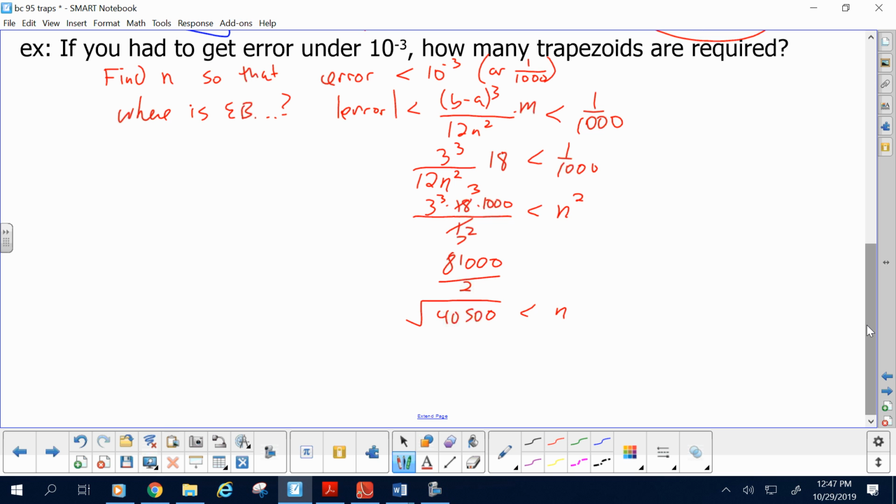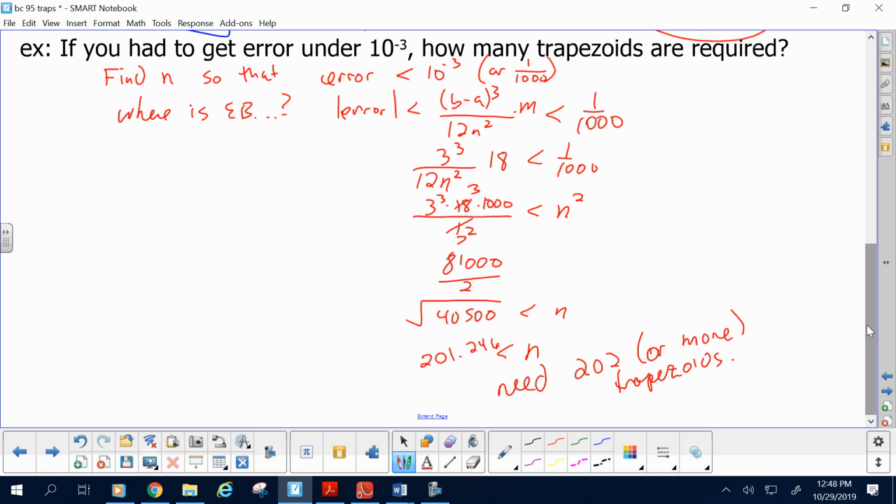Yep, it's more than 200. 201.246. Now, obviously, it's silly to say I need 201.246 trapezoids. So, do I just round to the nearest and say 201 trapezoids, or do I need to go all the way up to 202? Yeah, you need 202 or more, obviously, trapezoids to get error less than 1,000th.